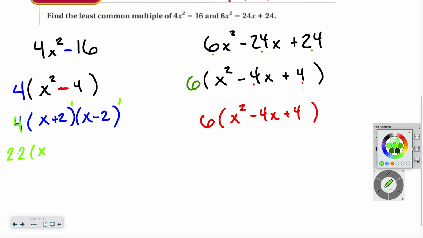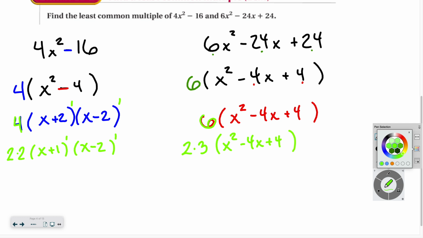So I'm going to list those again. And then over here, 6 has the factors of 2 times 3. And then the next quadratic group doesn't factor at all, so it's just x squared minus 4x plus 4.